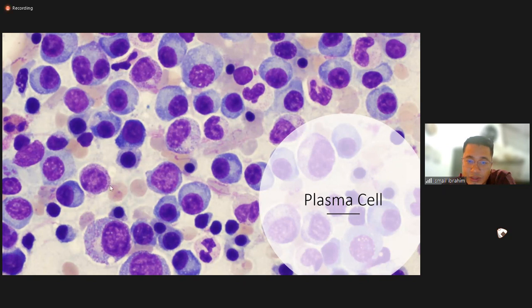These are all eccentric cell nuclei. You see the nucleus is pushed to one side, and you see a pale area next to it, which is the Golgi apparatus, involved in protein production. And as we all know, multiple myeloma involves production of paraprotein, thus the Golgi apparatus is more prominent.